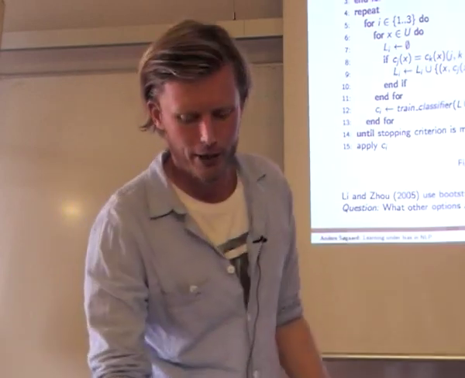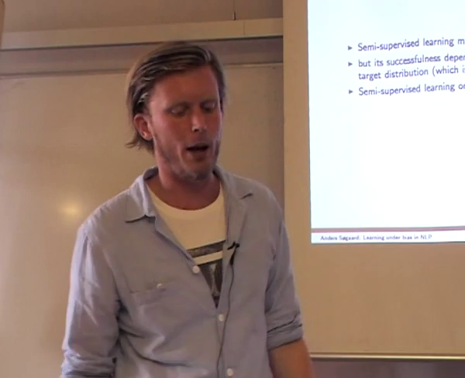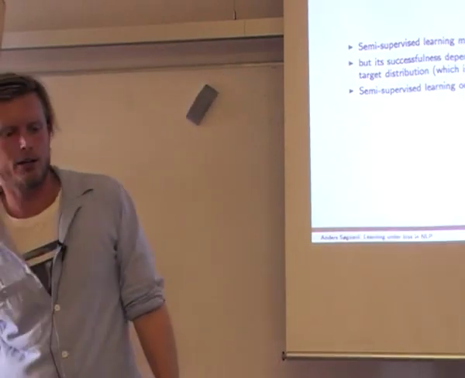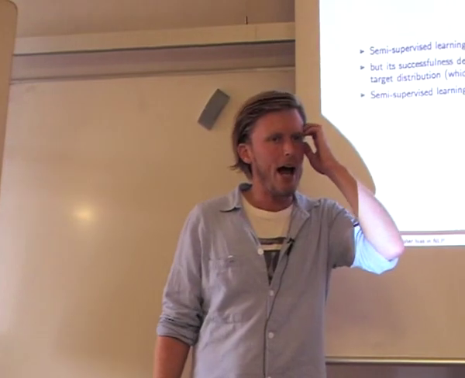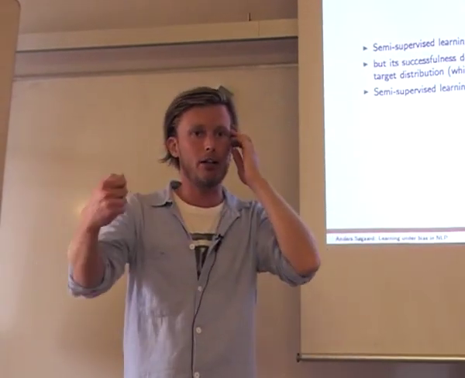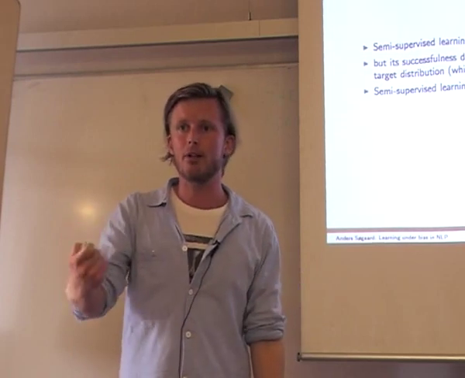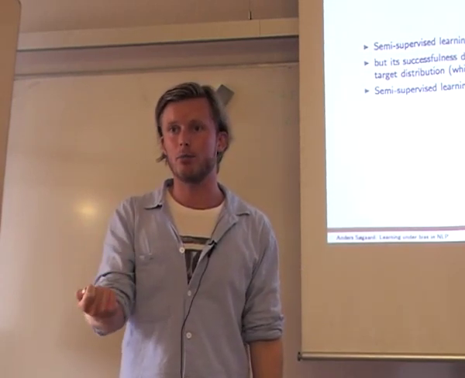Okay. I'm going to mention tri-training a couple of times when we get back to parsing. Okay. Now here's a little sum up on semi-supervised learning. So semi-supervised learning may correct data bias, but what should be apparent by now is, since semi-supervised learning is really about labeling unlabeled data, this is obviously going to depend on the expected error on the target distribution.